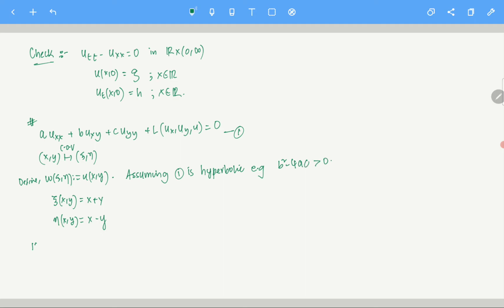If this happens, then this equation, let's call it star, also falls in this category.